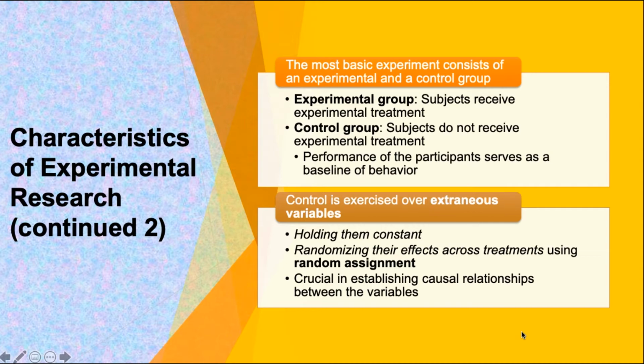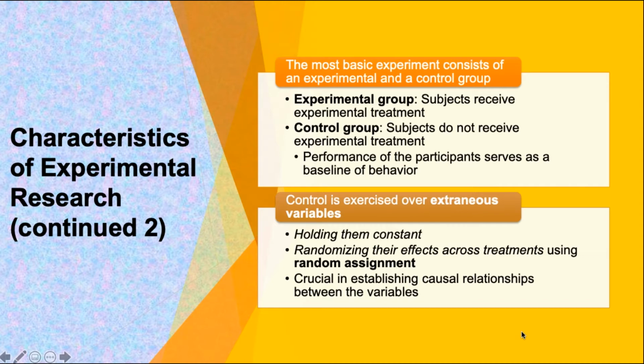Manipulating an independent variable can be as simple as exposing one group of participants to some treatment, for example, distracting noises, and another group of participants to the absence of that treatment, for example, no distracting noises.